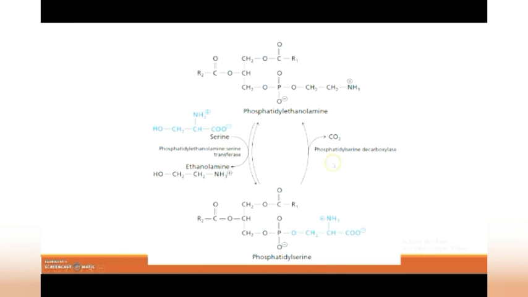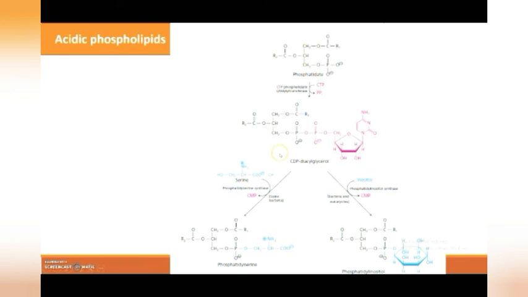The phosphatidylserine can also become phosphatidylethanolamine again by using phosphatidylserine decarboxylase. Back again to the previous slide. In prokaryotes and eukaryotes, the same step will occur by adding inositol. Inositol will bind with phosphate and will release CMP, and phosphatidylinositol will form.